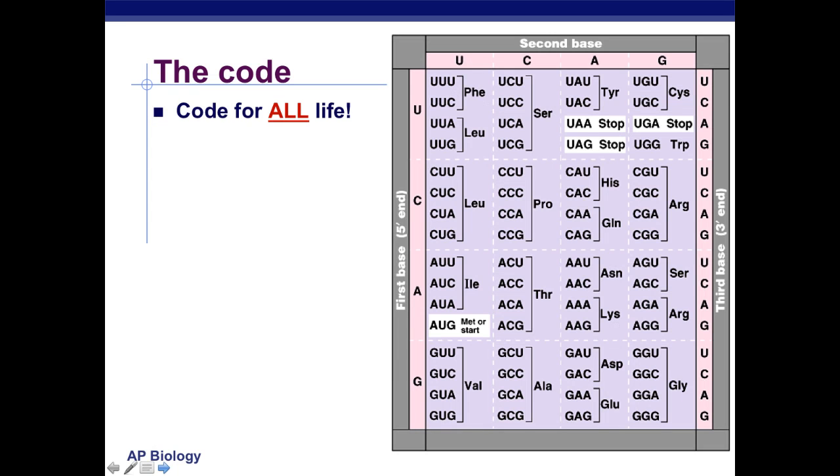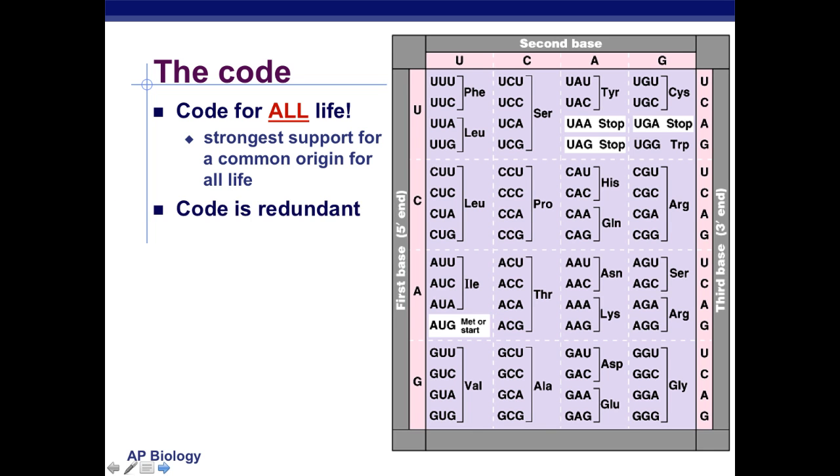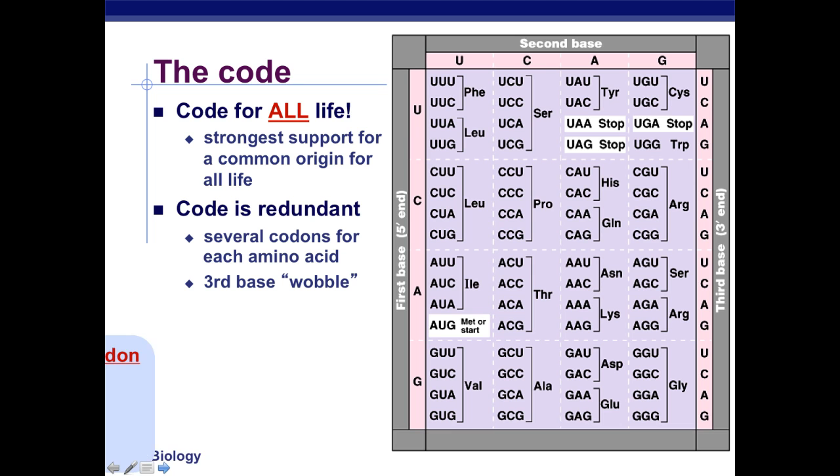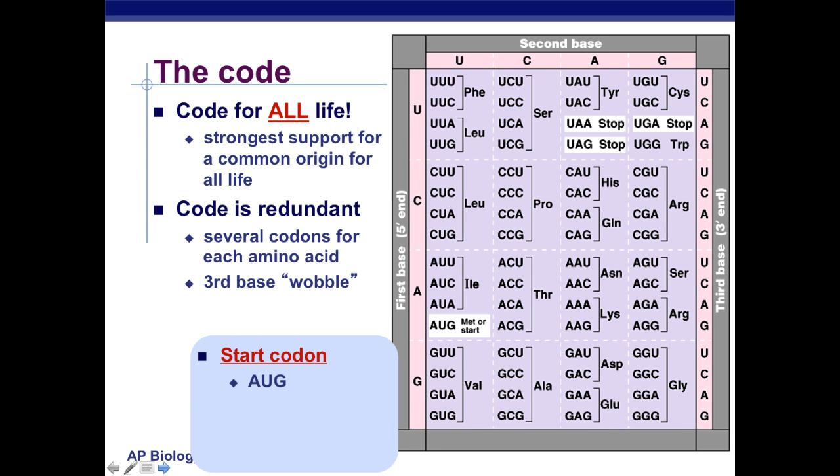So here's the code. These amino acids code for all of life. They are abbreviated by three letters of their amino acid. The code is very redundant. There are several codes for each acid.